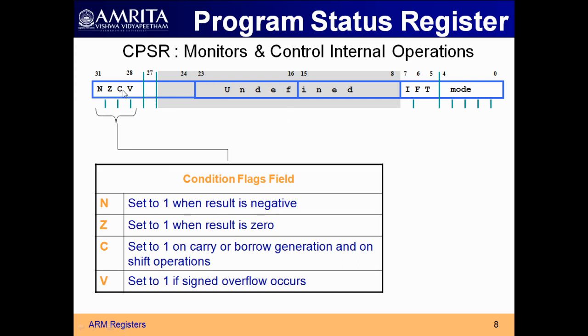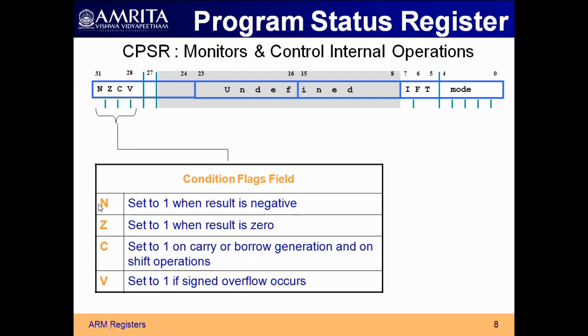So these 4 bits are known as the condition flag fields. What does it contain? N, Z, C, V, Q. N stands for negative condition flag. All these bits can be either set or reset. So when does this negative flag bit get set?